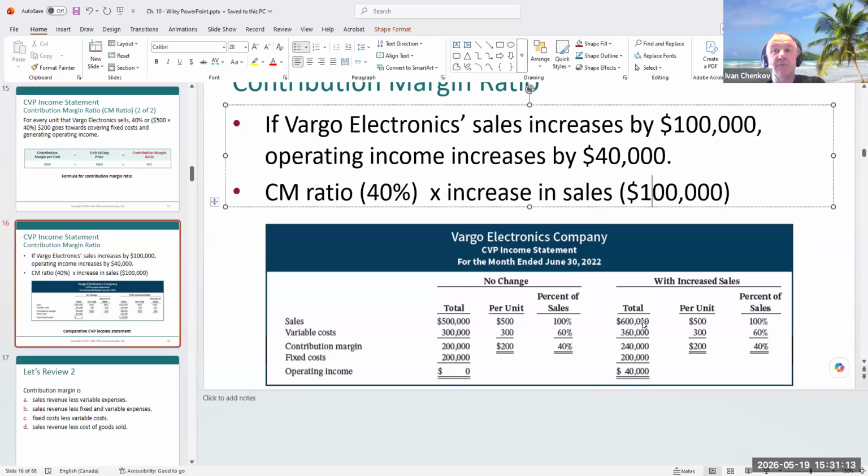So if we increase by $100,000, sales are going to be $600,000. Variable cost also is going to increase because the variable cost is 60%. So out of 100,000, 60,000 is going to go to the variable cost. That means the contribution margin is going to be only 40% or $40,000. Operating income is going to go up by $40,000.